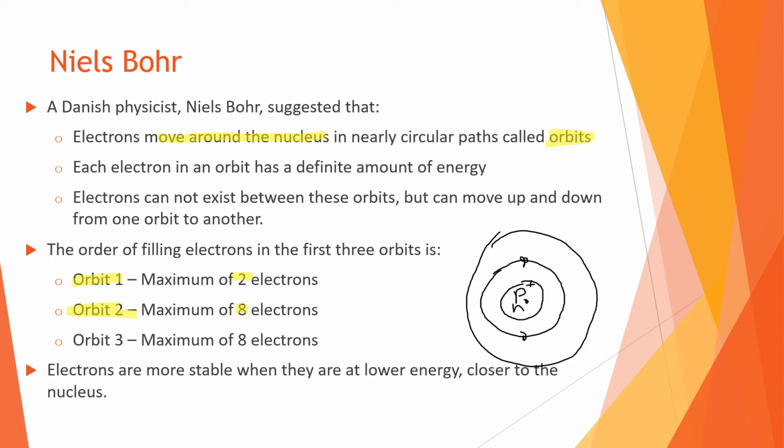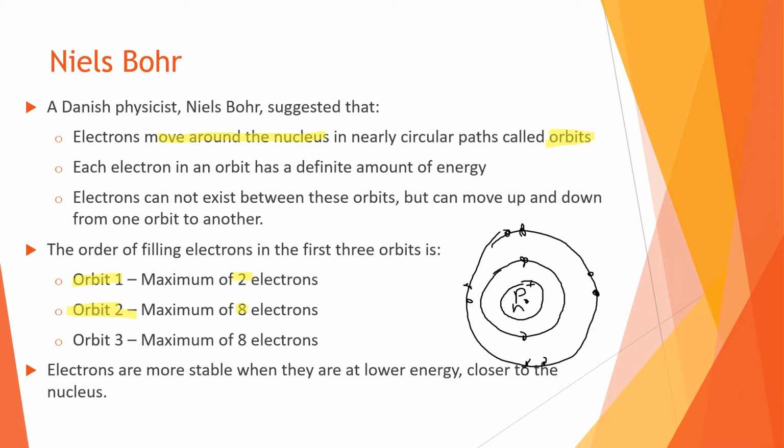And when placing the electrons in the orbit, you draw them in this order. The order is very specific. So when you go to place electrons in the second orbit, we know the max number is 8. So I'm going to go 1, 2, 3, 4, 5, 6, 7, 8.